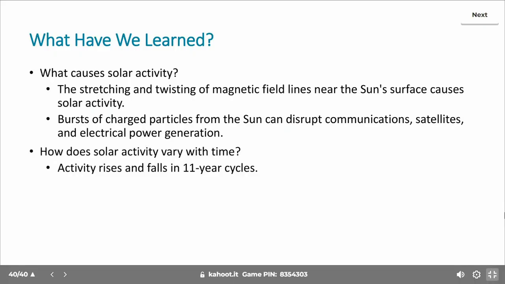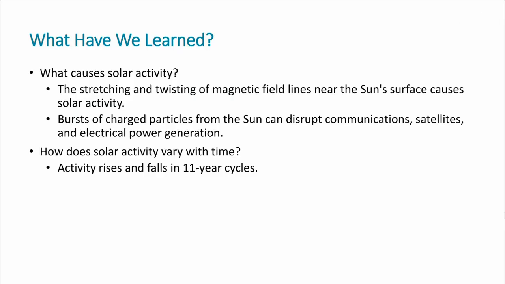So we think the main causes for all of that activity we see on the surface of the sun are due to these magnetic field lines. Because the sun is not a solid object that rotates, it has what's called differential rotation. So the material at the poles will rotate at different speeds compared to the material at the equator.